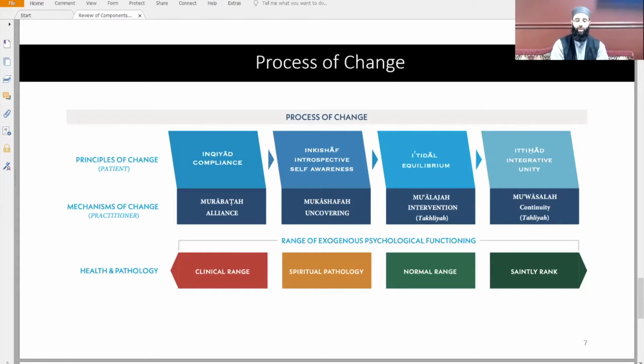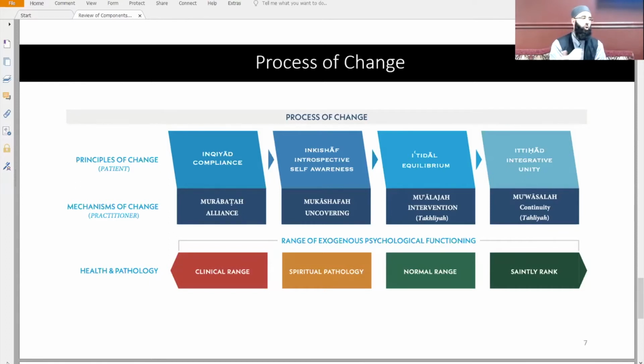thought of between, say, a practitioner, in the context of tasawwuf, it would be murid to their sheikh, right? And the sheikh would have the right of the murid ultimately complying with their prescriptions, right?